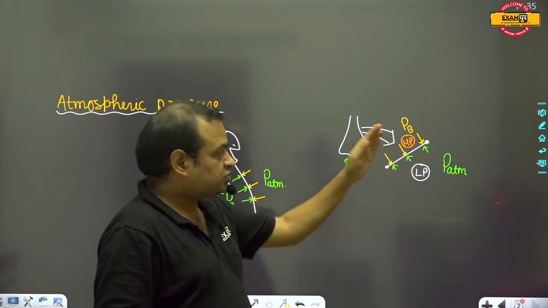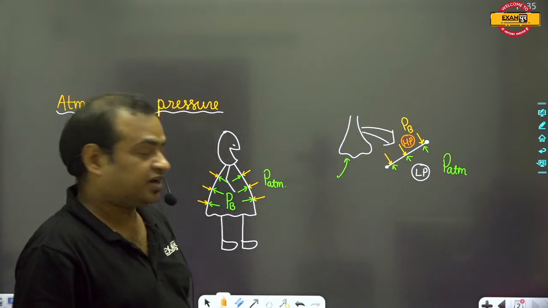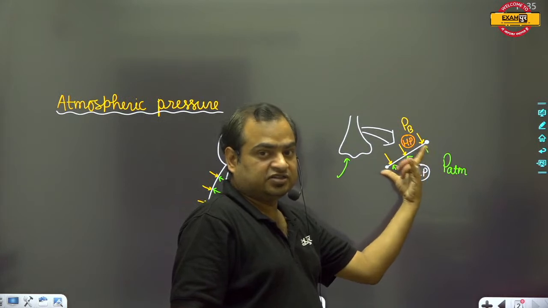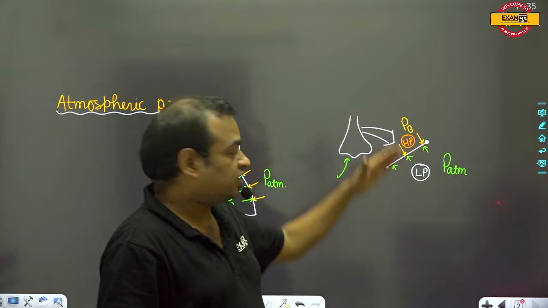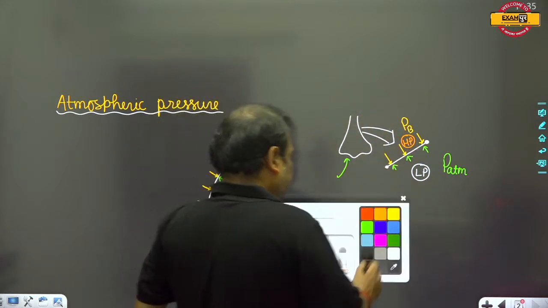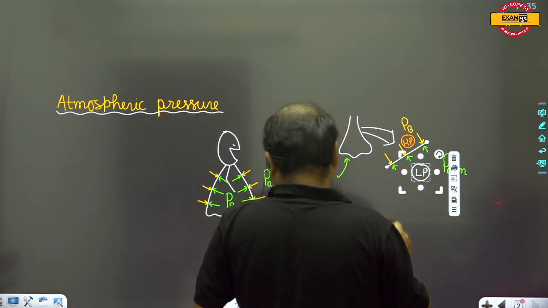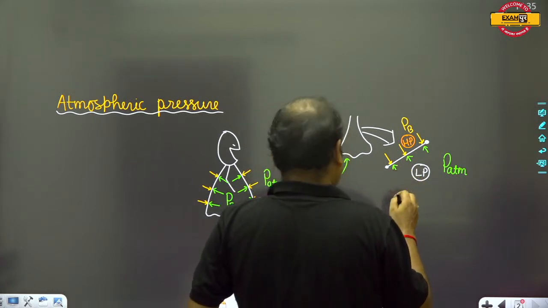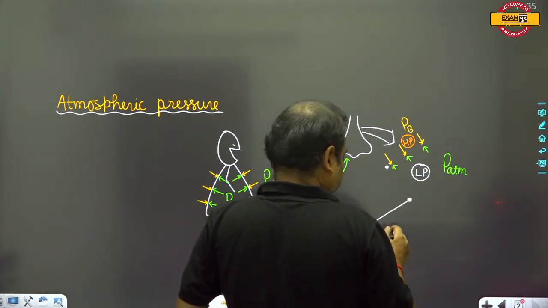This membrane tries to come down, but at these points this membrane has been attached. This is fixed, that's why this membrane cannot move downward. When it gets a very high difference of pressure, this membrane gets disturbed and damaged like this.